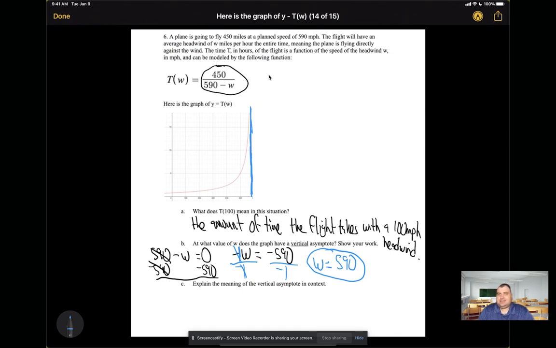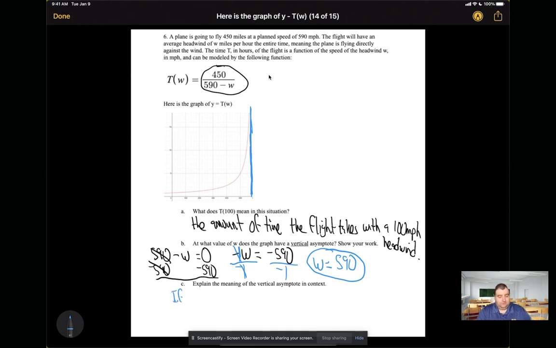If the speed at which the plane is flying is equal to the headwind, will the plane actually reach its destination? And the answer is no. That is the meaning of the vertical asymptote in context.